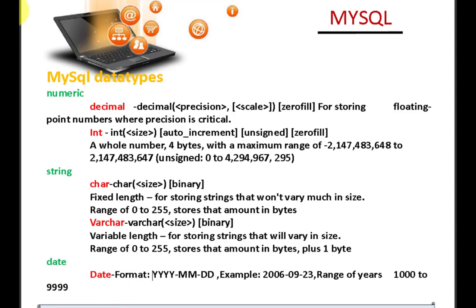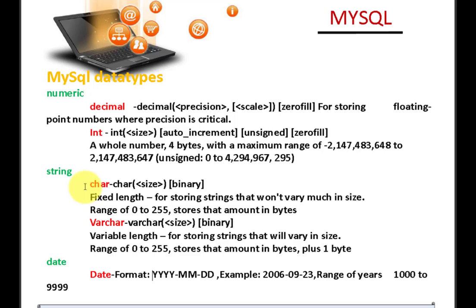So you have only these data types: numeric, string and date. In numeric you will use decimal or integer, in string you can use char or varchar, and for date you will use date. When you create the structure of a table in MySQL, you have to use these data types.